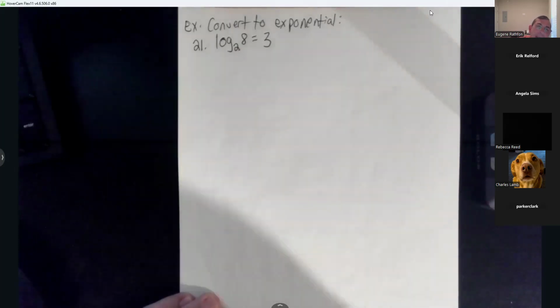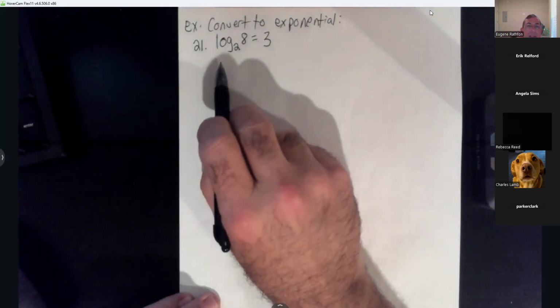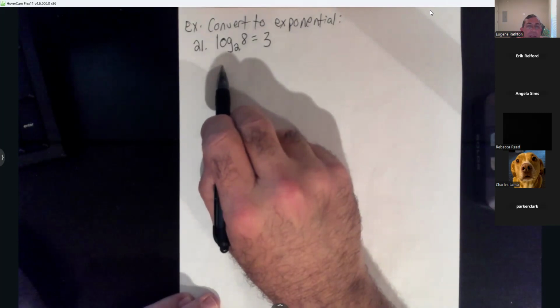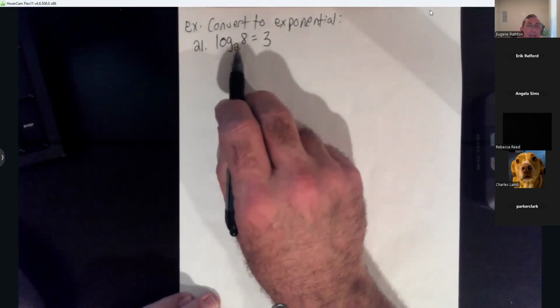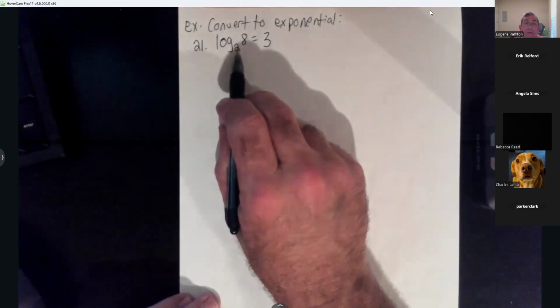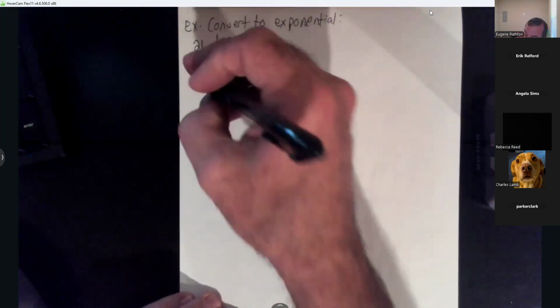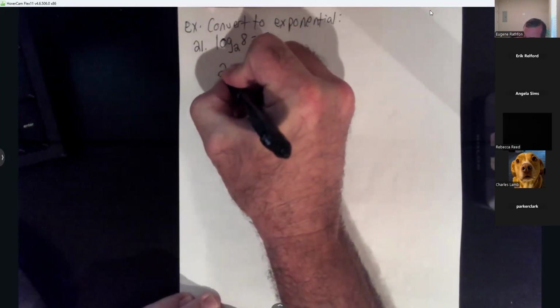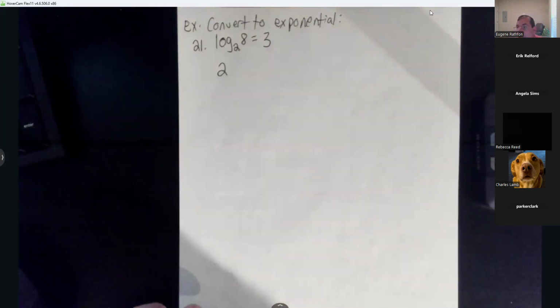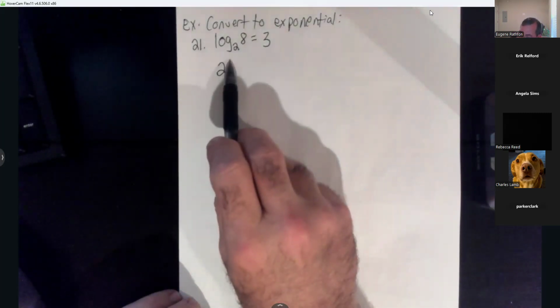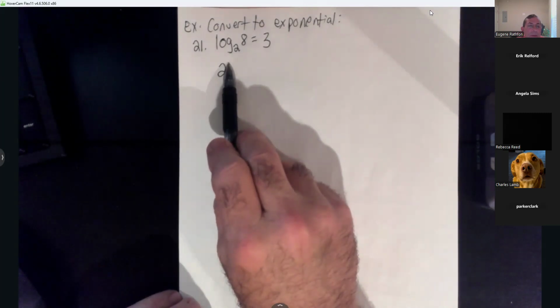So the first thing I need is the base for my exponential expression. So the base is going to be the same as the base for the log. So since the base of the log is 2, the base of my exponential will be a 2. So the next question, what's the exponent going to be for my exponential?